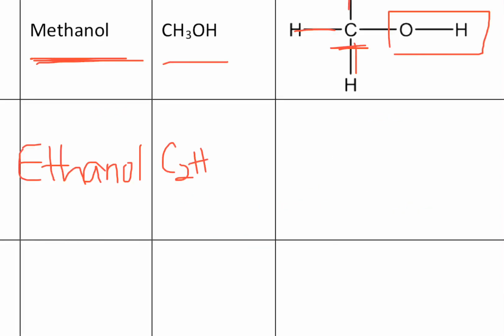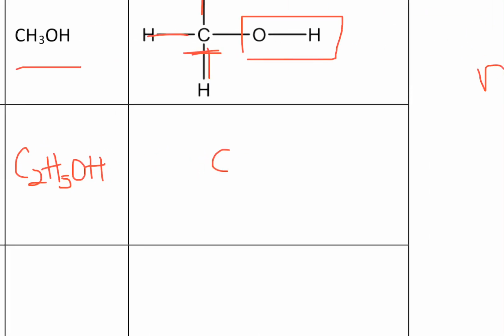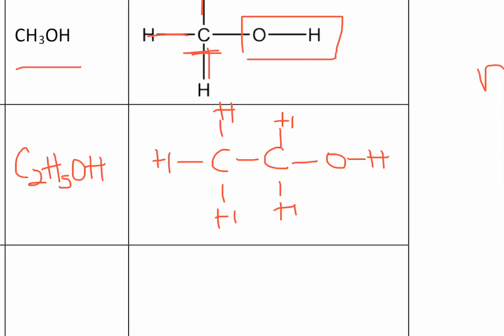So C2H5OH. So there are 2 carbons, 1 carbon, 2 carbon. Let me put the H here, H, and then OH. Now you can start by drawing the carbon, then the OH, then the H. Up to you, as long as the number of hydrogen is okay.